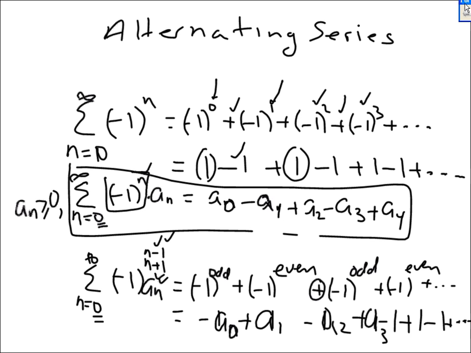It's alternating. Well, one question one might ask is, okay, alternating series, cool. When do they converge? When do they diverge? Because that is what we've been talking about. Okay, so we have an alternating series test. I assume the a sub n's are greater than or equal to 0.